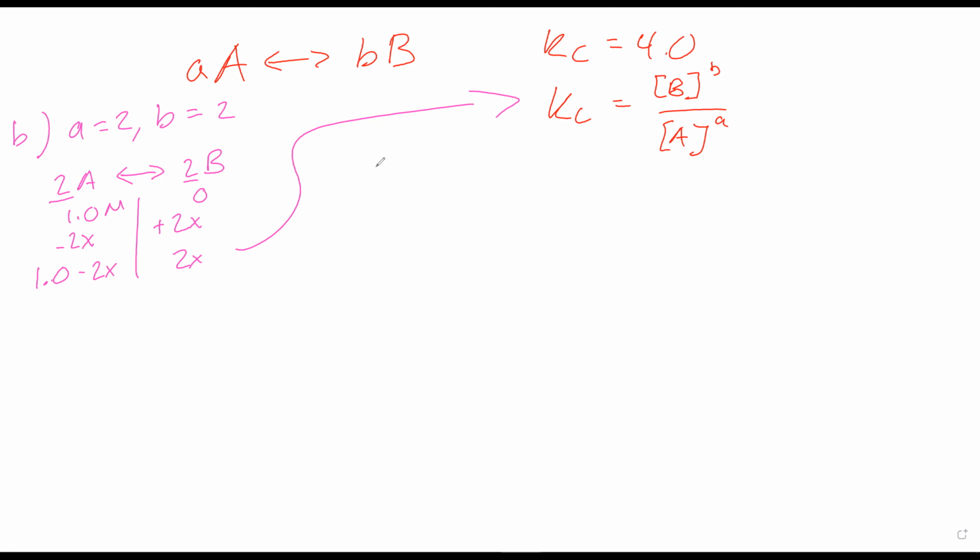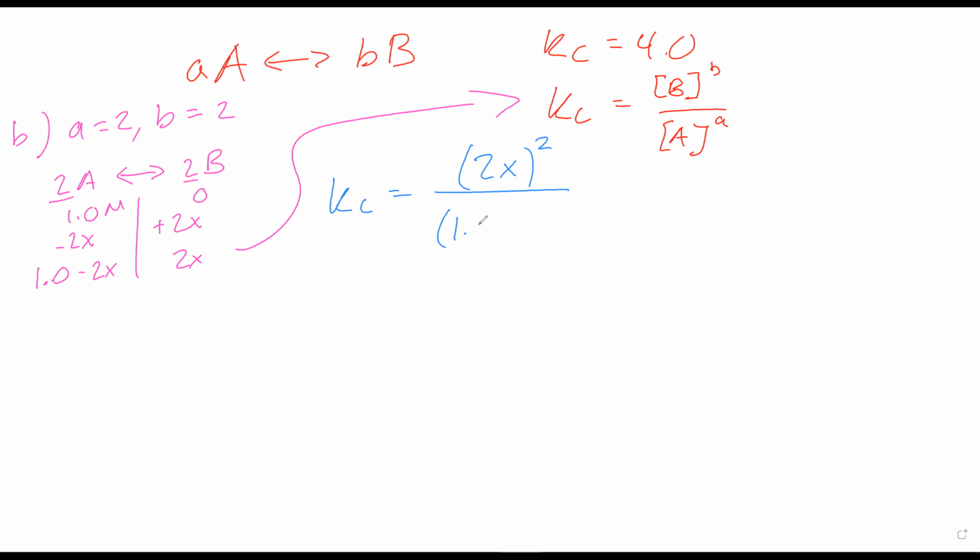So plugging that into Kc gives me a Kc formula of putting B on top. That is going to be 2x. My brain is slowing down. 2x to the power of the coefficient, which is 2. Same thing for the bottom.